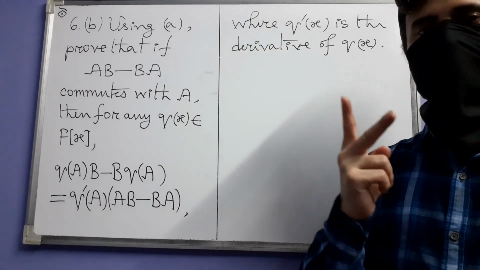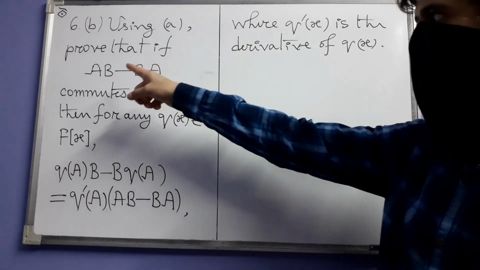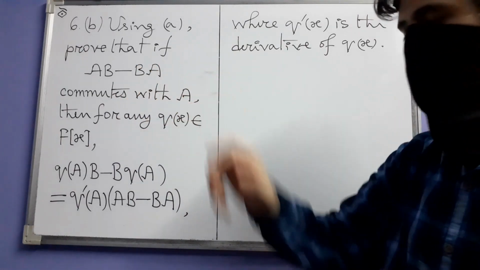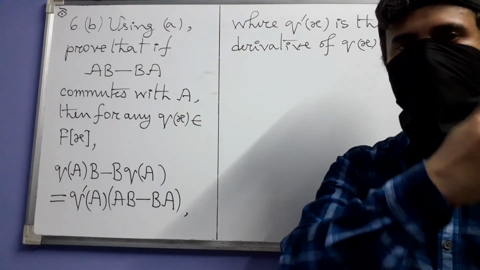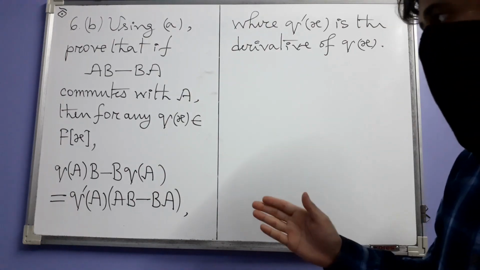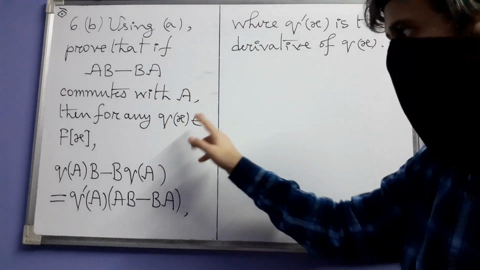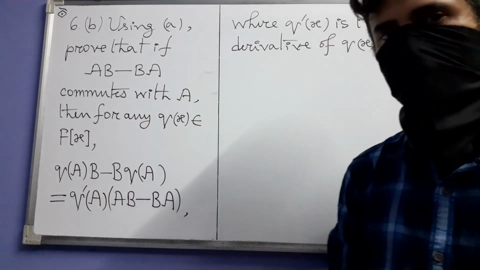Part B, two matrices are given again from Fn, A and B, such that AB minus BA commutes with A. That is, (AB minus BA) times A equals A times (AB minus BA). And then Q of x is a polynomial over F. So it's coming from the polynomial ring.